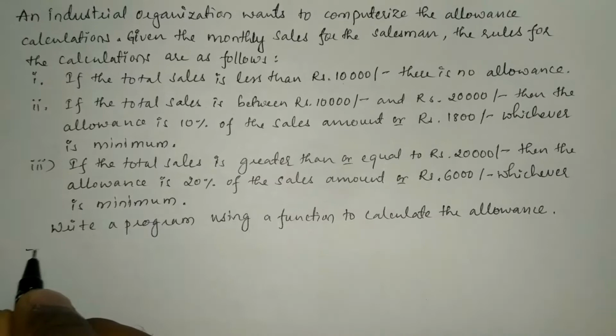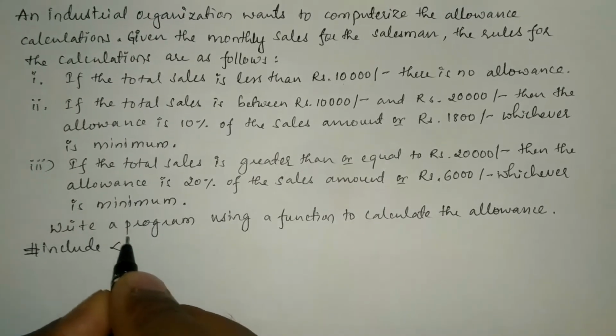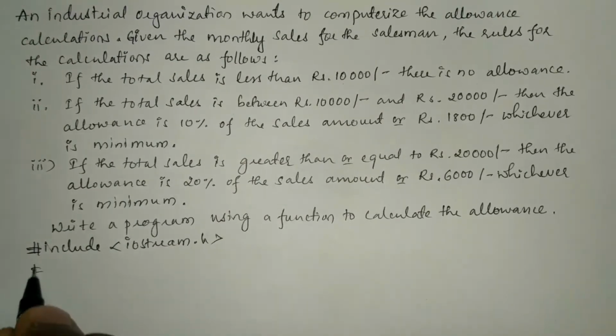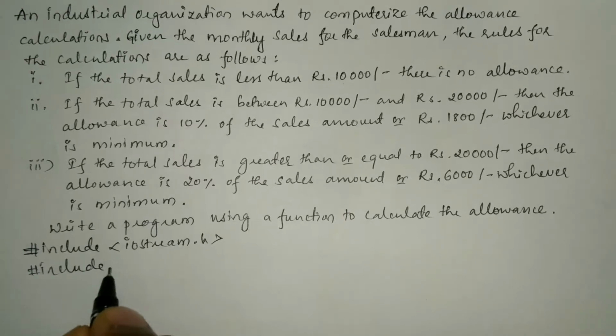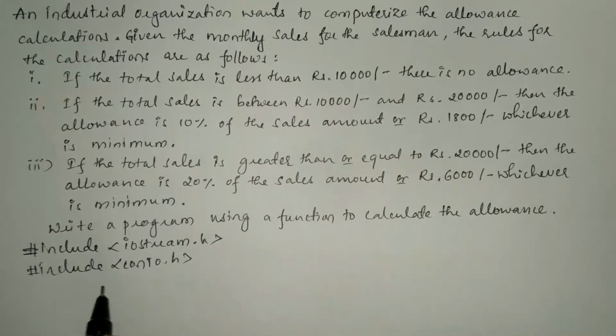Let us write the preprocessor directives, hash include in an angular brace. I'm going to write iostream.h header file, and the next preprocessor directive is hash include in an angular brace. I'm going to write conio.h header file.